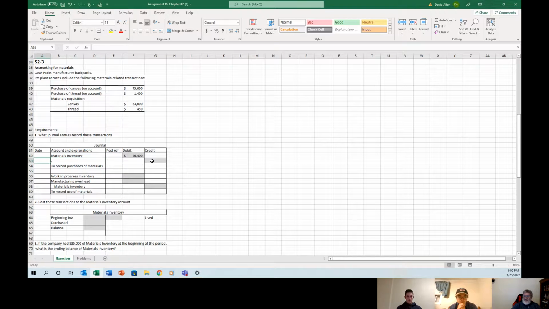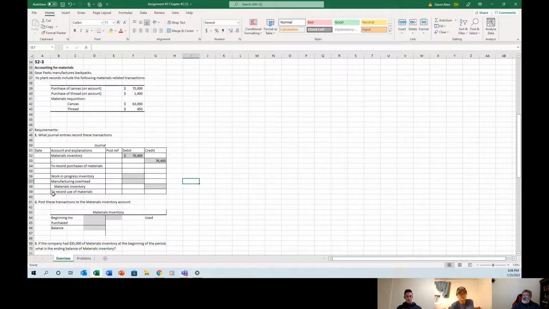No, I don't have my number lock on. There we go. You could have just said this equals this to keep a formula in there, but there's no math being done, so it's 76,400. So to record the purchase of materials, boom, we did that.